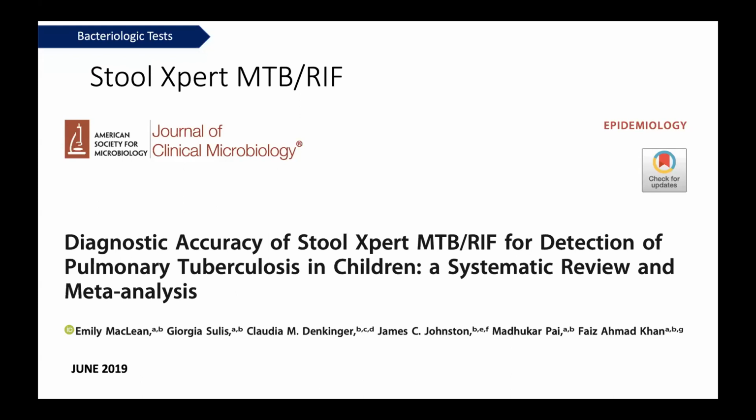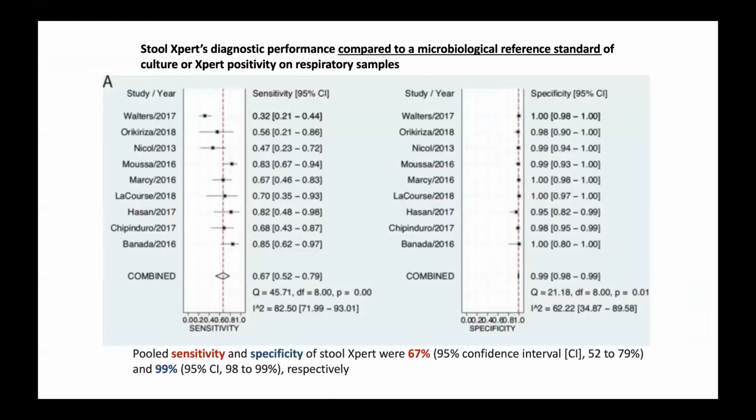Again, through systematic reviews and meta-analysis, there's a lot of pooling of the data. And what we could see here, this is a forest plot. Here, this is the sensitivity, this is the specificity, and we're looking at how stool compares to the microbiological reference standard, that's on a respiratory sample. Most of the sensitivity here was around 67%.